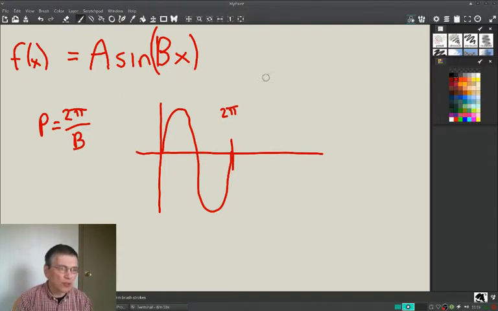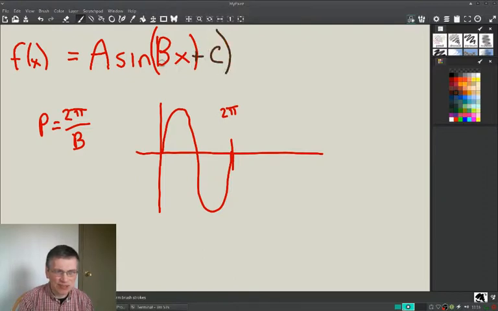Now we're going to add 2 more things into this, and that'll allow us to describe pretty much any sort of sine curve. I'm going to add in plus c.